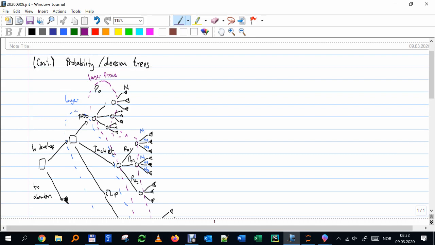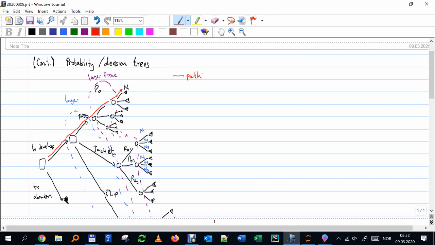And then you have a layer of N. What I call a path is actually this: I decided to go to FPSO, then for one chance I had this price, and then I had this N. This is what I call a path.